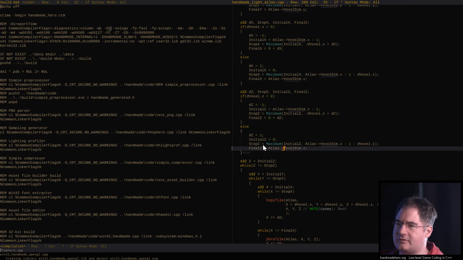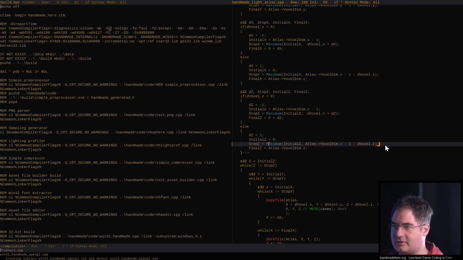So I guess looking at this, the initial Z value is going to run to 0 through this equation, and this is the problem that we have. It's going to be whichever is higher. The initial Z, which we know is not higher because it is 0, so I'm not really sure what case that's designed to prevent. I guess just one where the dvoxel value is very low. So this is just clamping. It's saying the stop Z value is going to run from the initial Z to whatever the last value is.